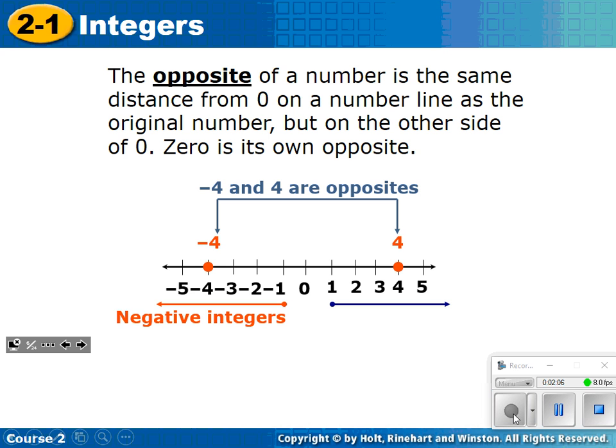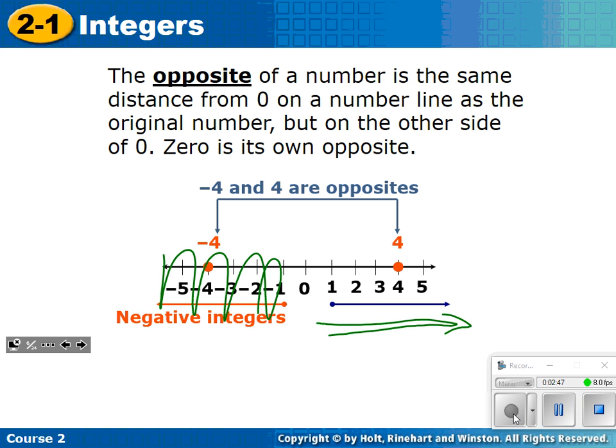Now, number lines. This is the trickiest part of negative numbers. You have to picture them on a number line. If you only saw everything to the right of 0, and this side didn't exist, it never existed, you know that as you move to the right, the numbers increase in value.